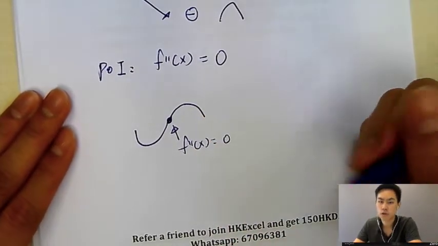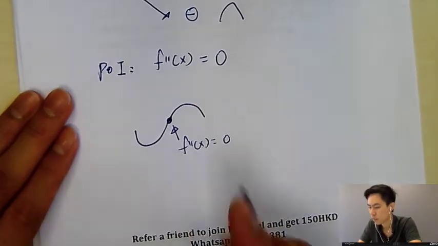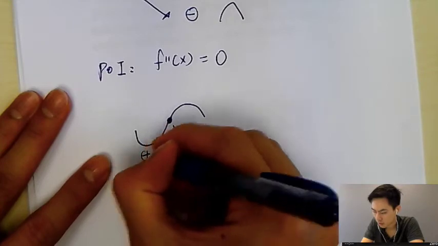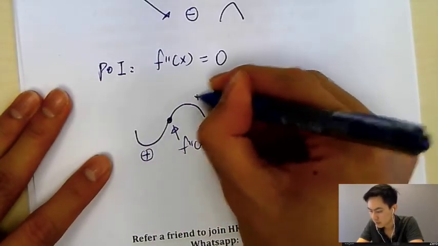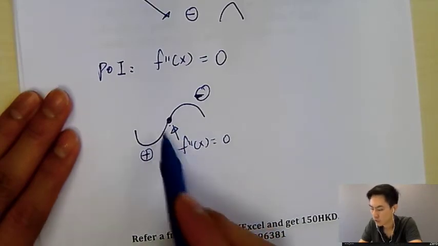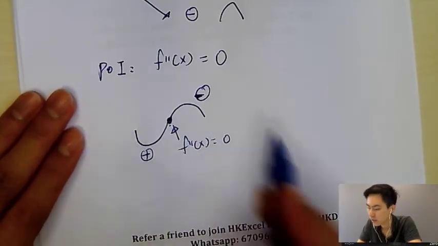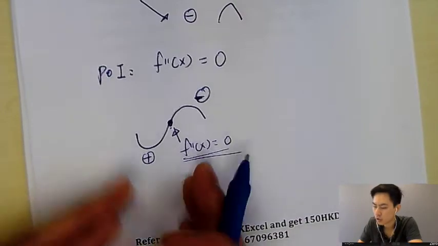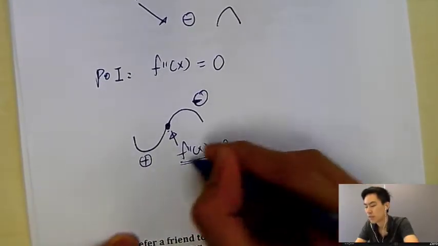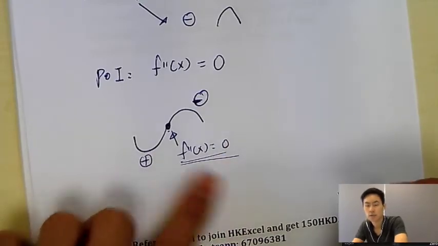So there's no emotion for the point of inflection, POI. Happy face is a plus, sad face is a minus, and in the middle there's no emotion. So basically f double dash x equals 0. That's all you need to know.